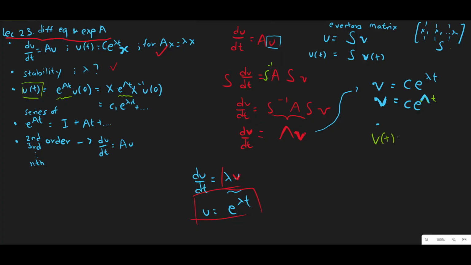V of t is some constant times e to the lambda t. Actually we can get this constant value by setting this to 1. So when does this equal 1? Exactly when t is 0, because anything to the power of 0 is 1. So c is actually the v at t equals 0. And remember, we don't have that eigenvector here, so we can do this.